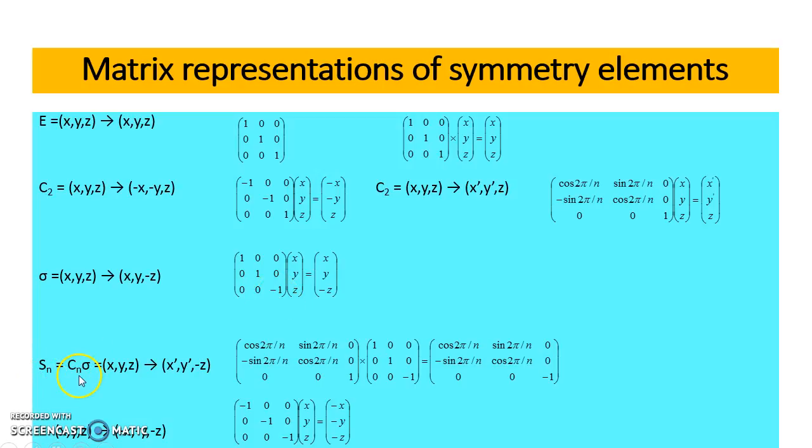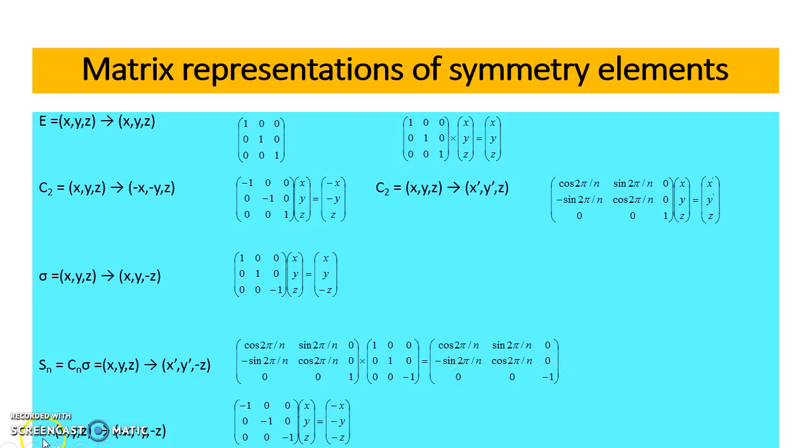Since Sn is a combination of Cn and sigma, which will shift any point x, y, z to x prime, y prime, minus z, the matrix which stands for the combination of this operation can be denoted by combining that of Cn and sigma like this, and which can be denoted by the resultant matrix, that is cos 2 pi by n, sin 2 pi by n, 0, minus sin 2 pi by n, cos 2 pi by n, 0, 0, 0, minus 1.